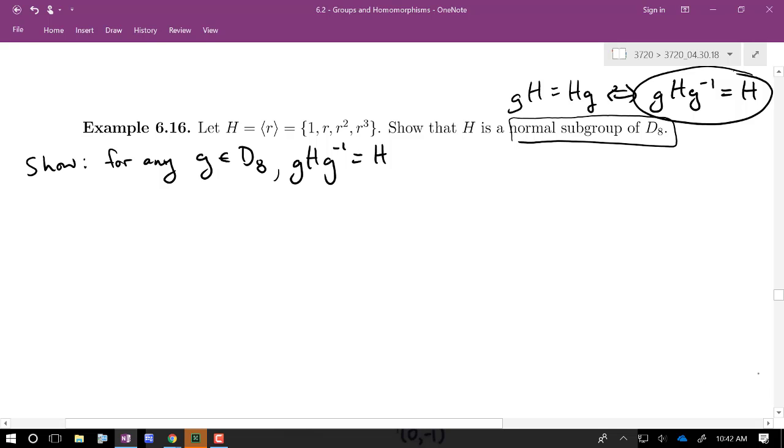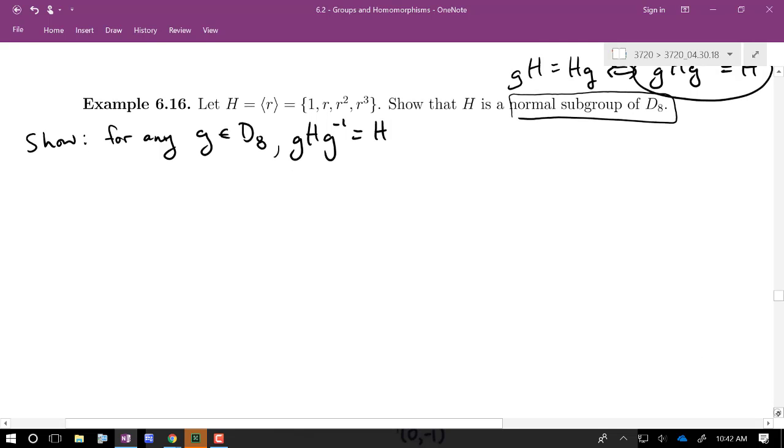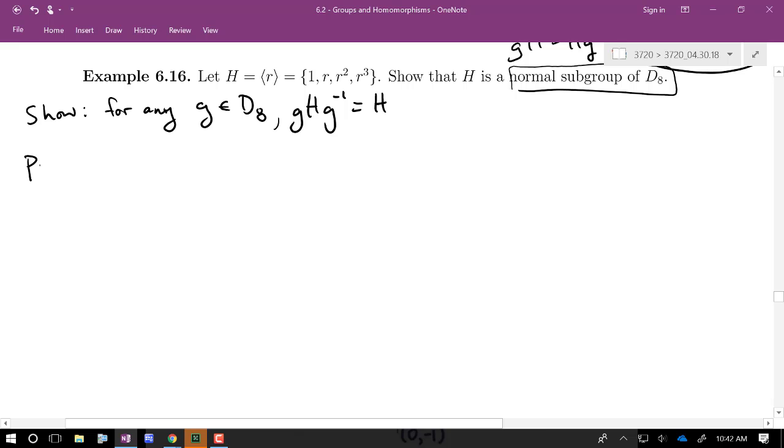So now, one thing we could observe is that powers of R commute with each other. So we're going to bang out like 4 of these already.